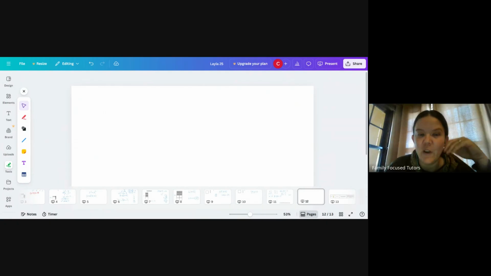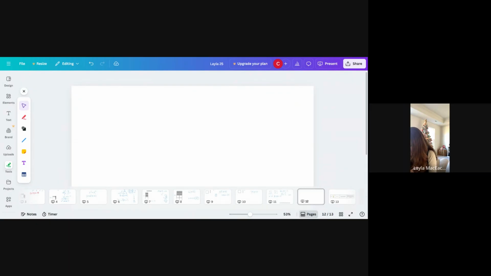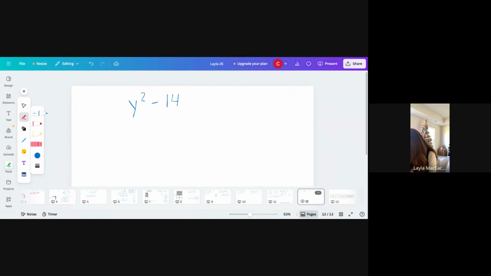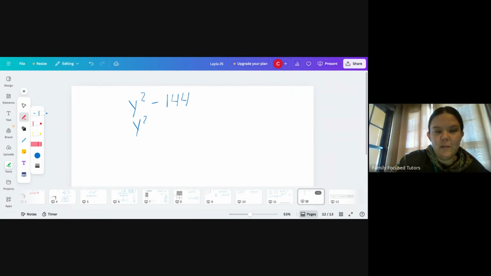Yeah. Okay. Number 4 is y squared minus 144. So don't let the y fool you. Of course not. Y squared minus 12 to the second power. Yes. So y squared minus 12 squared. And what are your factors?